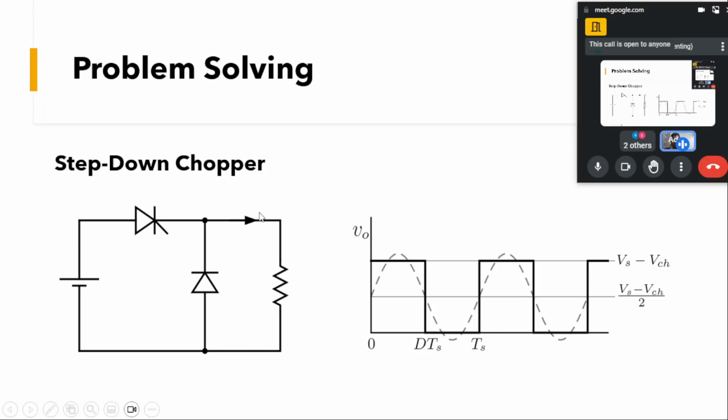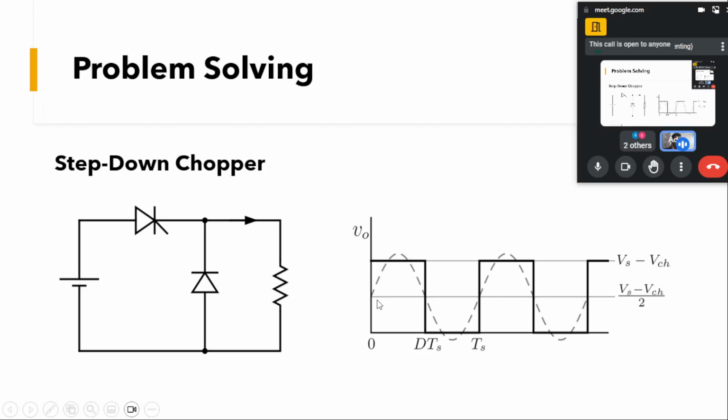So what will be the peak voltage when this device is turned on? It will be the input voltage, which is Vs, minus Vch, that is the voltage drop across this chopper device. So the peak voltage will be Vs minus Vch. Also it is given that our duty is 50%, so it is positive for 50% of the time and zero for the other 50%.